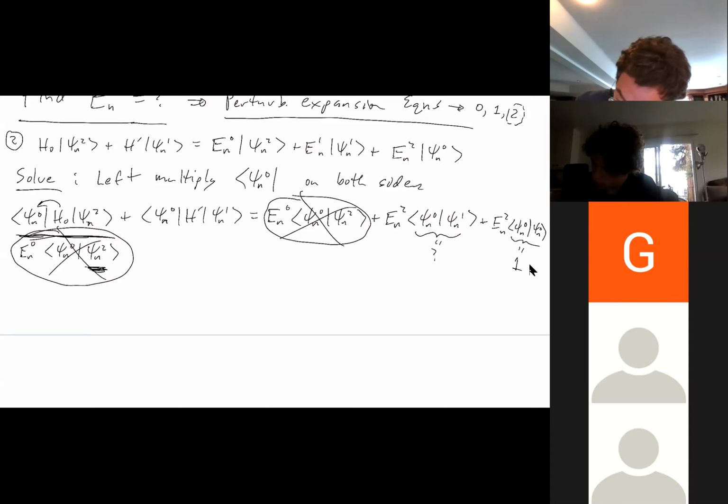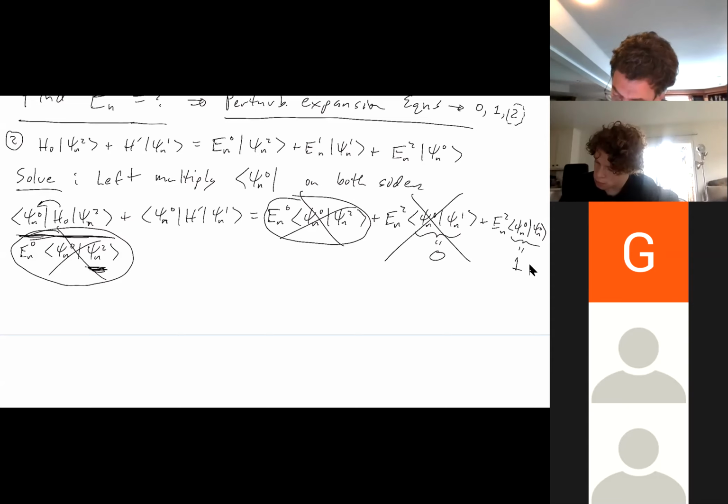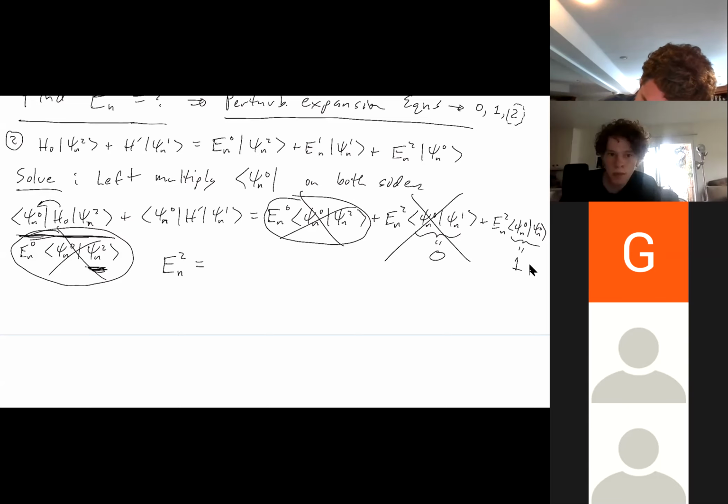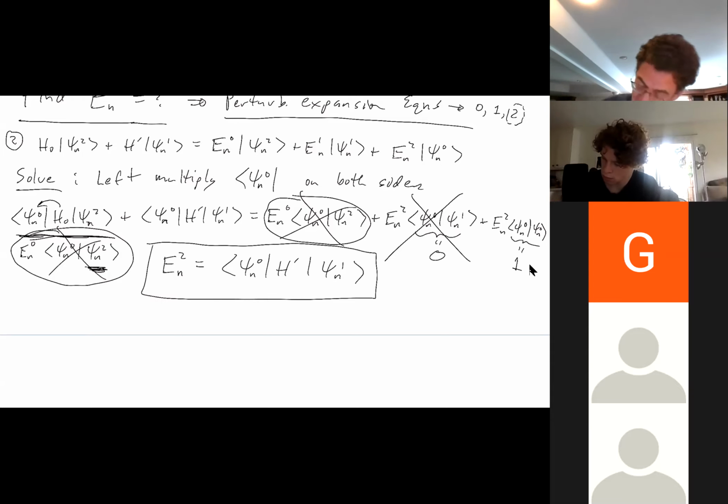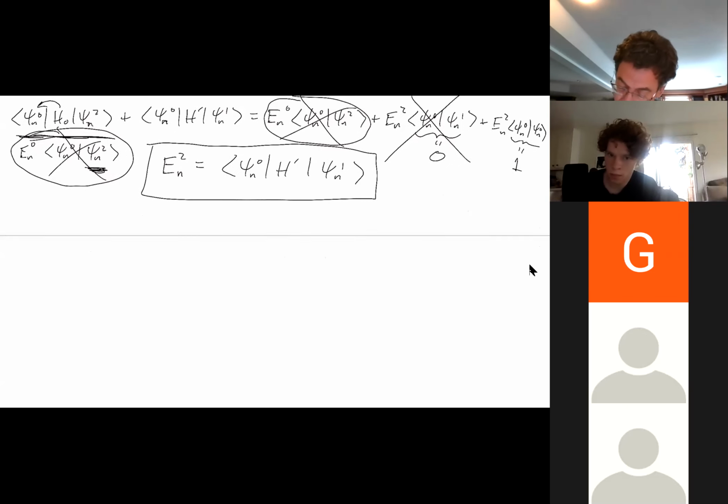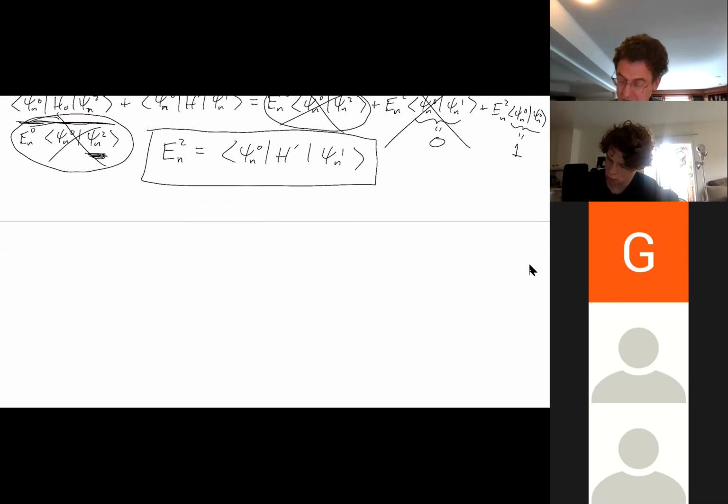So this thing is equal to 0. So I get to cancel him out. And so now we see that this big complicated formula turns into this: En2 is equal to psi n naught H prime psi n1. Okay, so that's as far as I can go. I cannot simplify further.